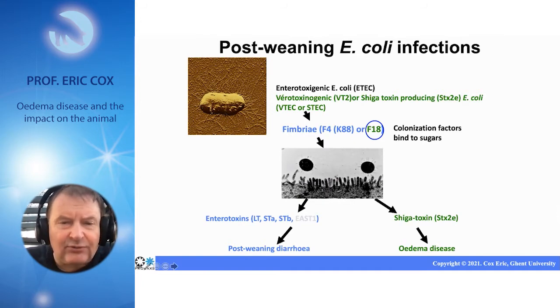You have F4 Fimbria and F18 Fimbria. F4 Fimbria are only enterotoxin producing E. coli strains, and F18 Fimbria are present on enterotoxin producing strains or Shiga toxin producing strains. So the Shiga toxin producing strains can cause the disease that you know as Oedema disease.